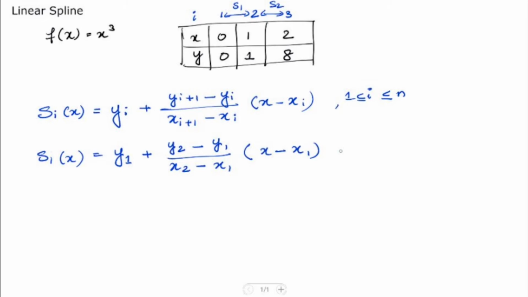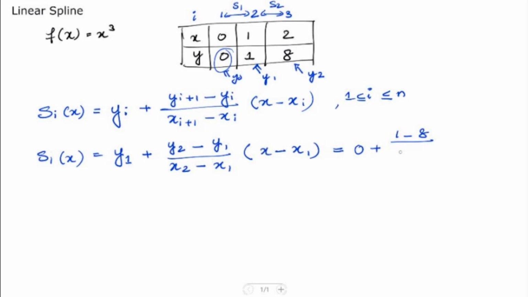And if you put in the values here, y1 for us is 0. So it is 0 plus y2 is 1 minus y1 is 0. So that's y1, this is y2, and here it is y3.